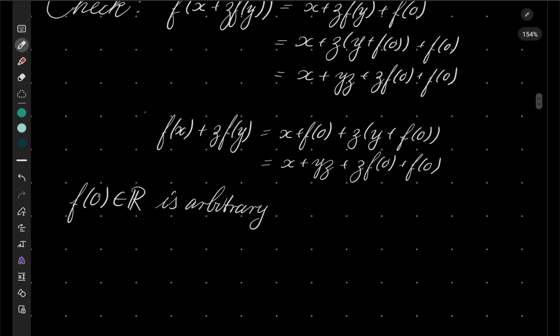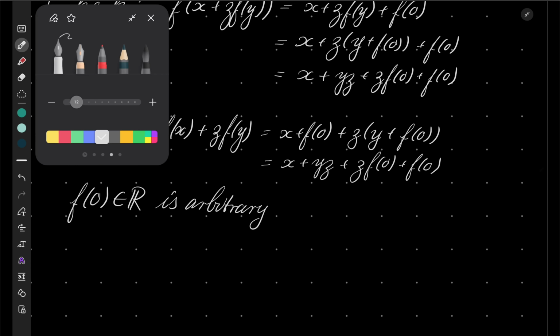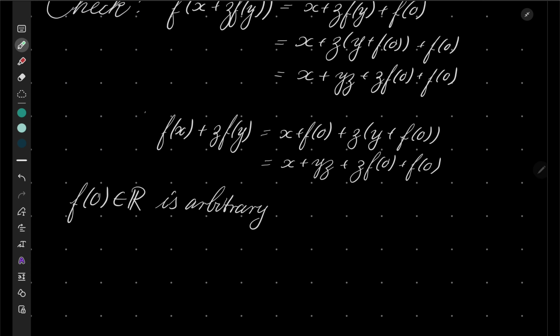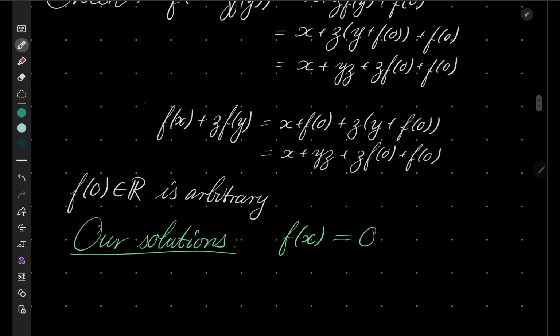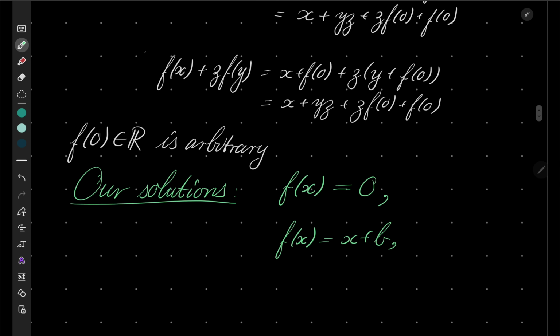So, in other words, we have two families of solutions. The first solution is the function which is constantly 0, and the second family of solutions is f(x) = x + b, where b is any real constant.